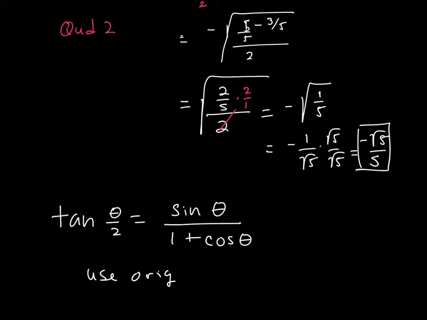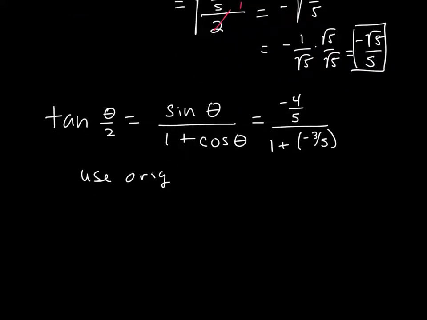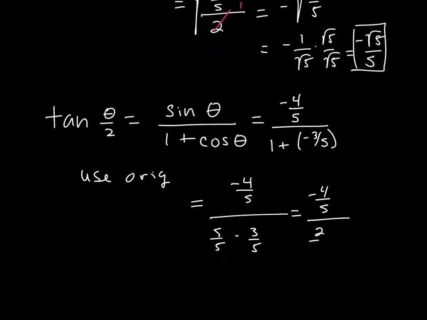So my sine of theta is just negative 4 over 5, and then this is 1 plus the cosine, which was negative 3 over 5. So this is all equal to negative 4 over 5, all over, I'm going to turn that 1 into 5 over 5 minus 3 over 5, which is 2 over 5.